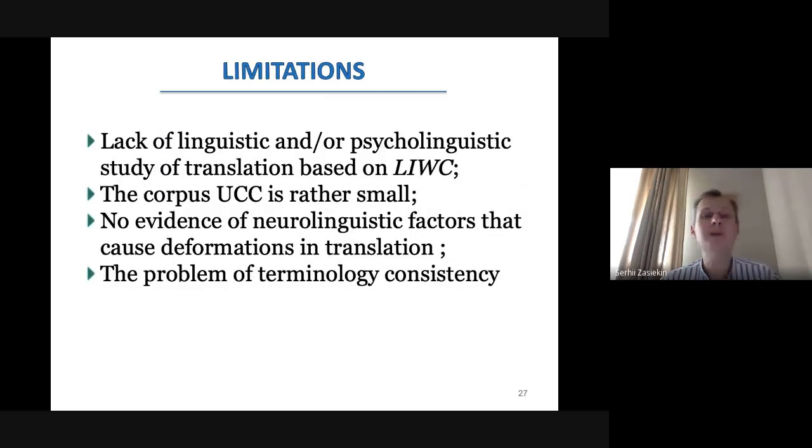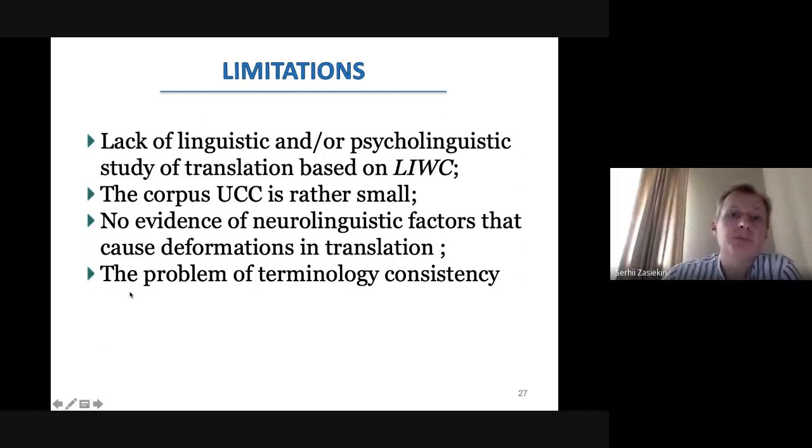Of course, as any study, our study has limitations. The first is the lack of linguistic or psycholinguistic study of translation based on LIWC. Psychologists like to use LIWC in their studies, but linguists are a little bit reluctant, and especially this is true for translation studies.